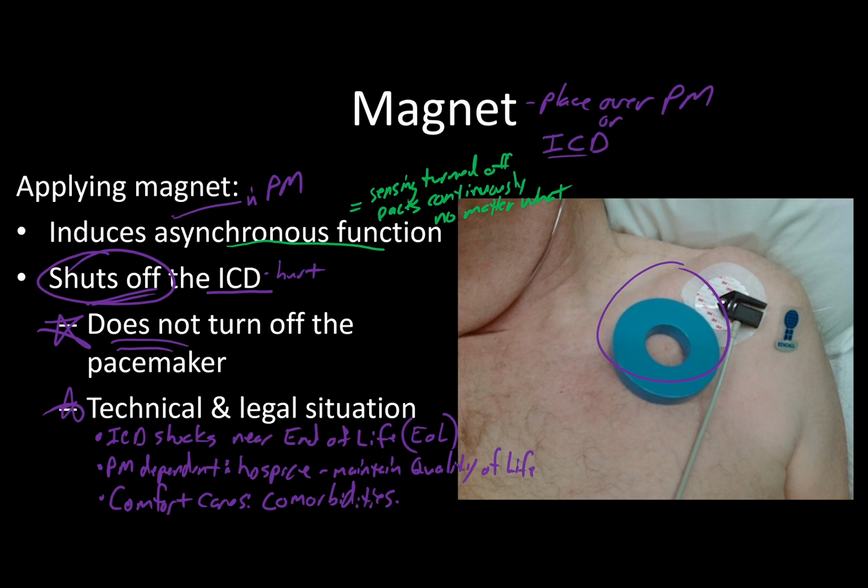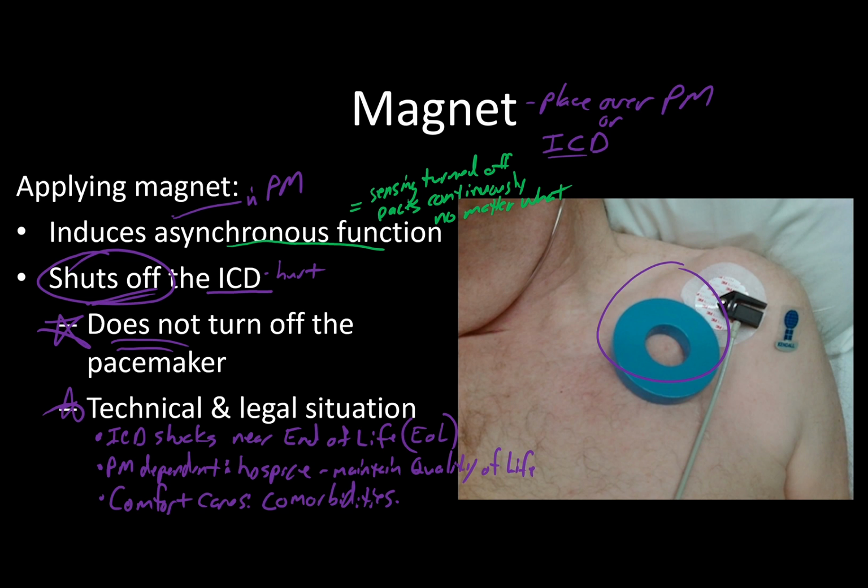That will ultimately cause the patient's demise, and the pacemaker's function will not alter the outcome. So in those scenarios, we put the magnet on there to keep the ICD from shocking, but we just leave the pacemaker running because other stuff will ultimately cause them to pass away.